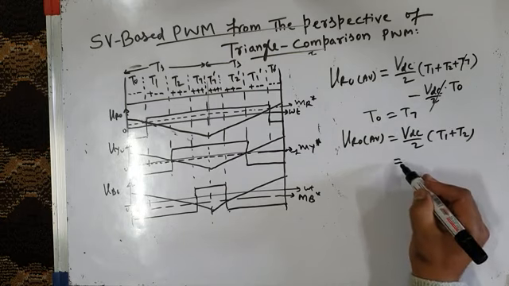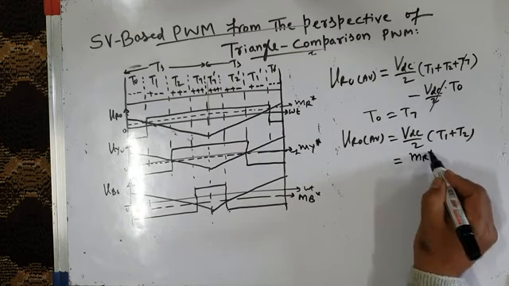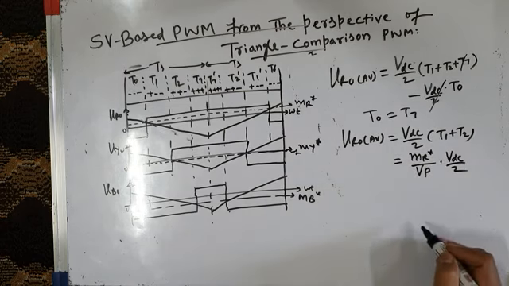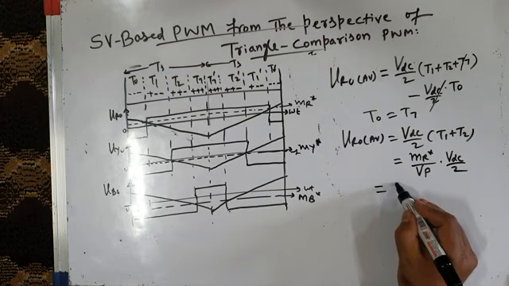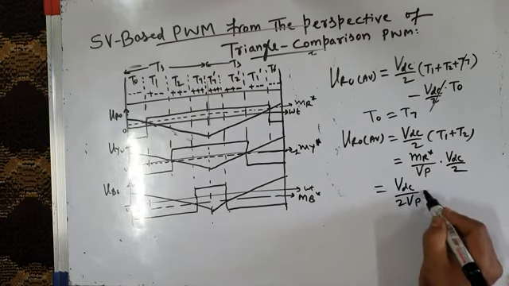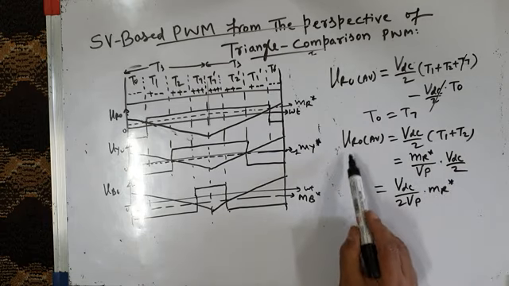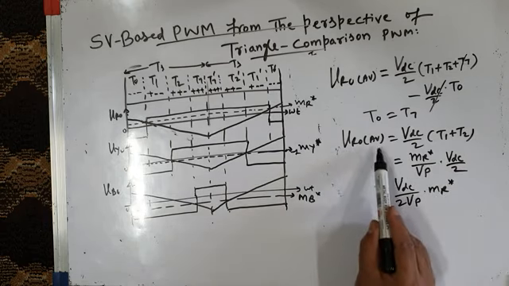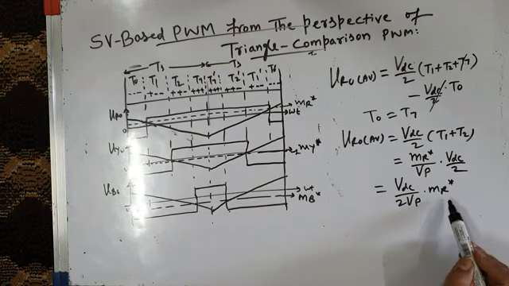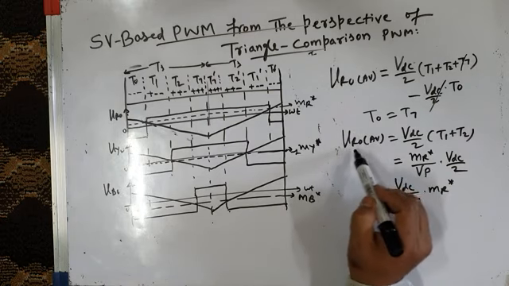And in terms of the modulating wave, it is equal to VDC by 2 VP into MR star. So that means this MR star is a scaled version of the average pole voltage VRO. This is the average pole voltage of phase leg R, that is VRO.